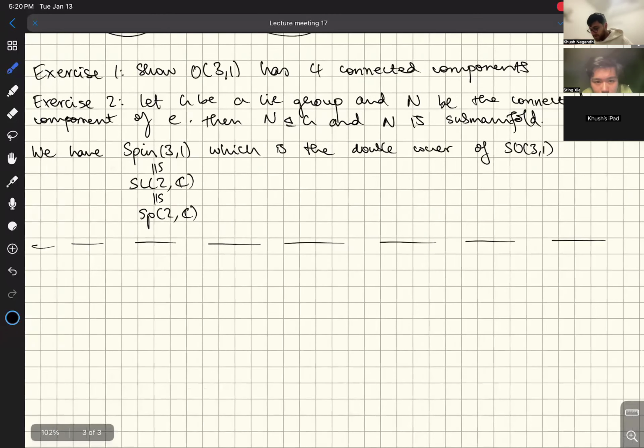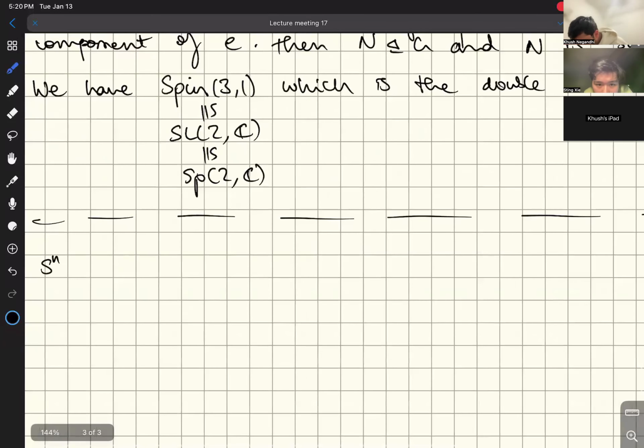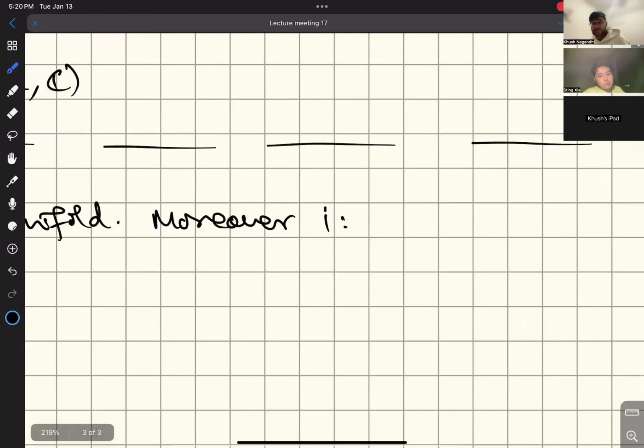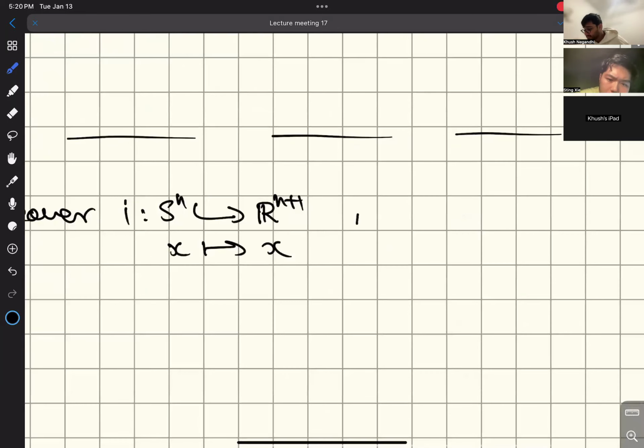So we've proven that the sphere which sits inside R^(n+1) is a manifold, right? Moreover, if we look at the function i, the inclusion function from S^n into R^(n+1) mapping x to x, it is smooth.